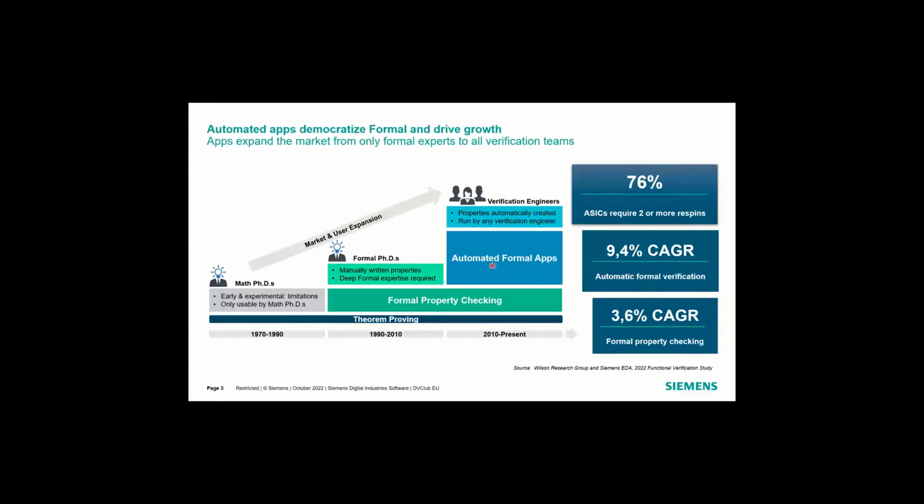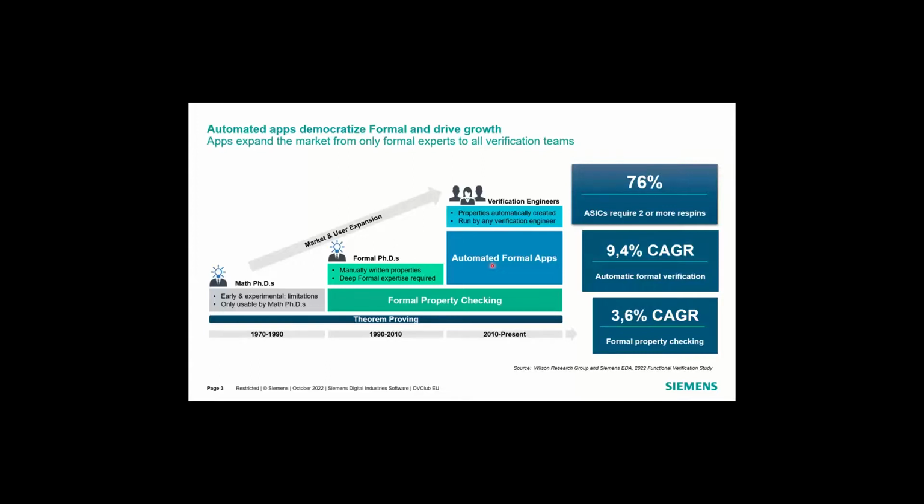But that changed in the 90s and 2000s, where formal property checking has taken off, and pioneers such as OneSpin have come up with tools that can easily allow you to write assertions and verify them. Still, you needed to have a lot of expertise to apply that to a complicated electronics design.